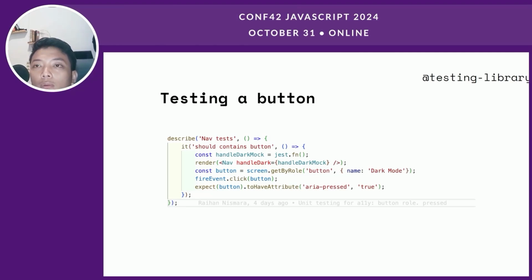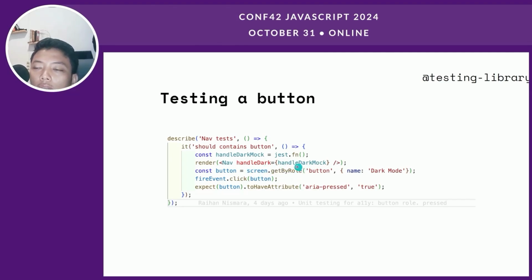To test your website with the accessibility aspect, you can get rid of getByText, getByID, and things like that. Right now, you can test using getByRole to find the role of button and then its name.